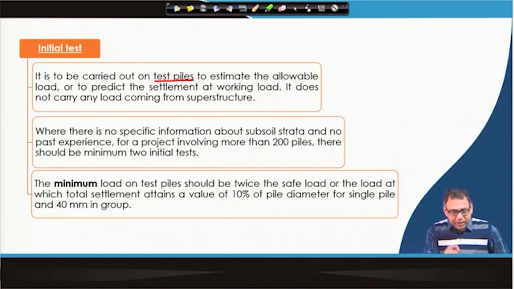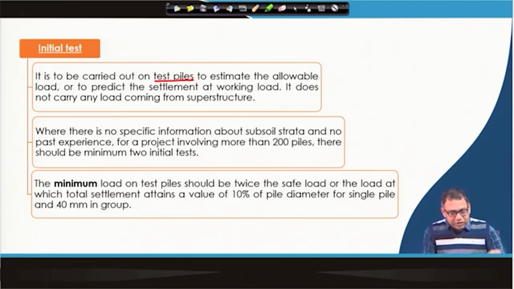They do not carry the load coming from the superstructure. So, that means test piles are used for testing purpose only. These piles will not be used for real load carrying purpose. Okay. So, no superstructure load will come on the test pile. These test piles are used for testing purpose, and there is no use of these piles afterwards.